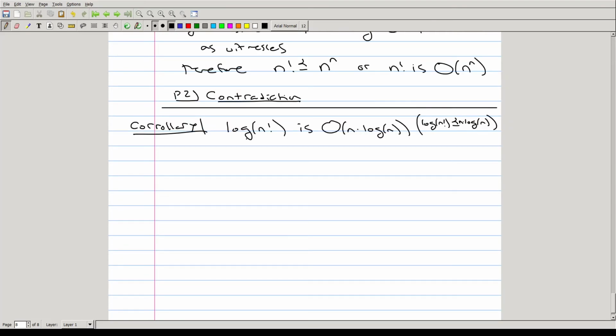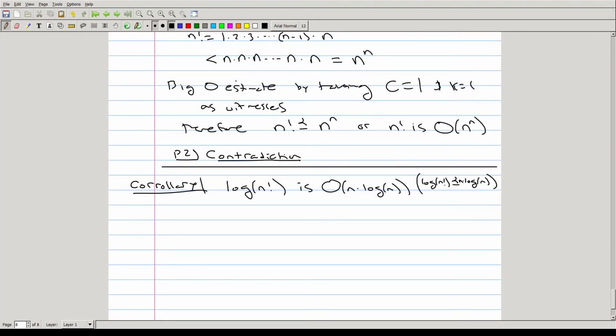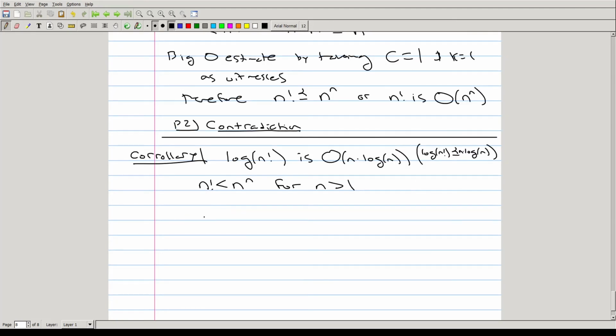Right? And the reason that this is a very immediate corollary is that, well, we've shown up here that n factorial is strictly less than n to the n for n greater than 1, and therefore log of n factorial is going to be less than log of n to the n, which is n times log of n.